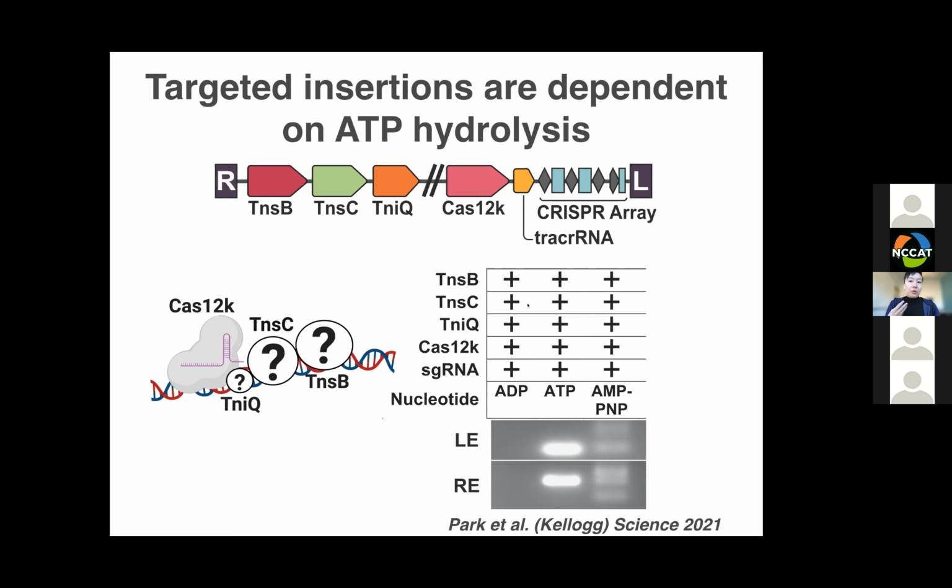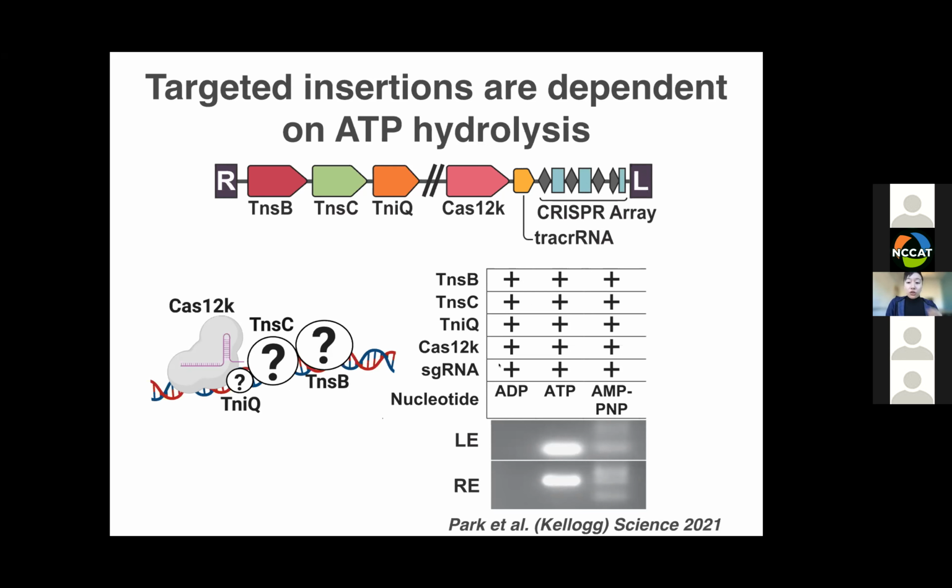And then we give it its donor DNA and then a target DNA and a guide that recognizes a specific location in that target DNA. Then using PCR, we just asked whether the insertions were occurring at the site that we chose, that was dictated by the guide RNA sequence.